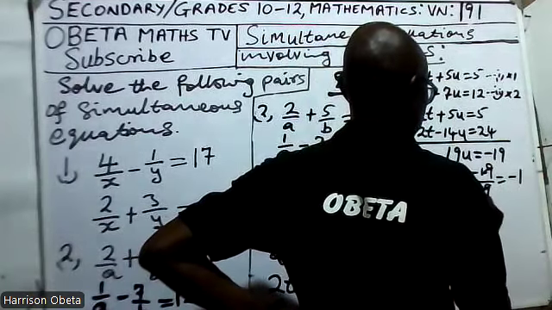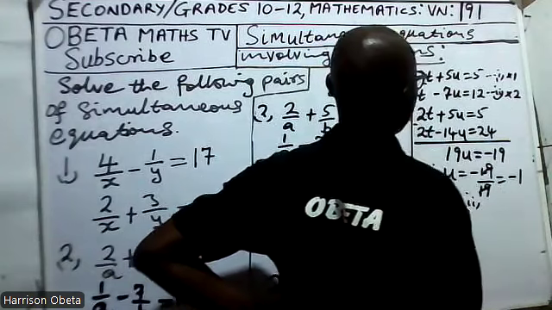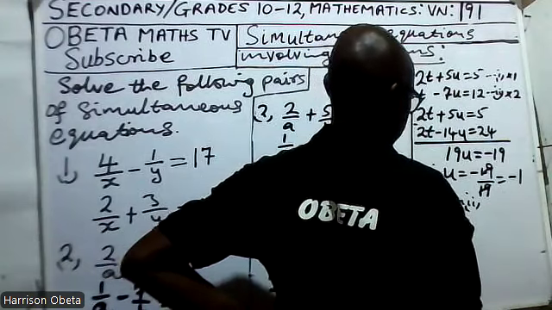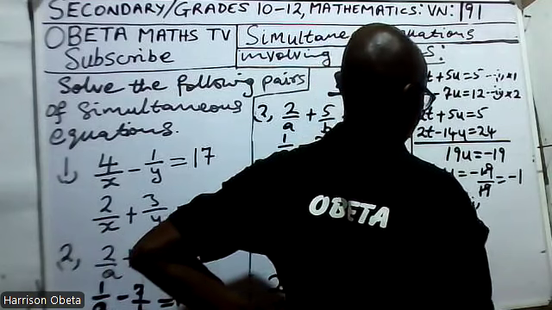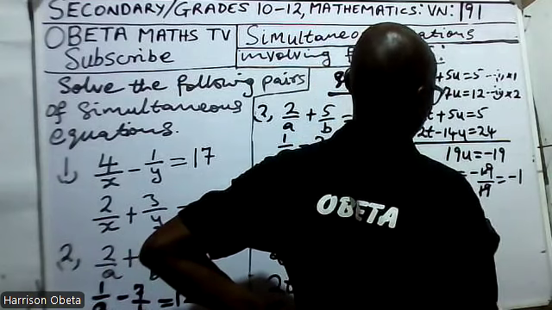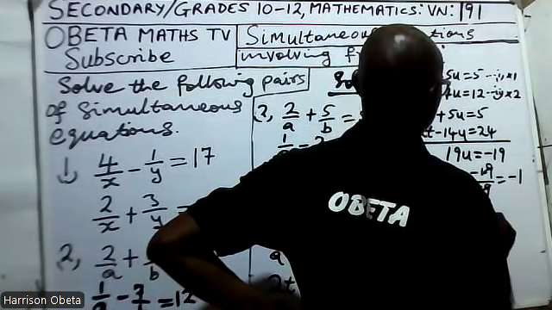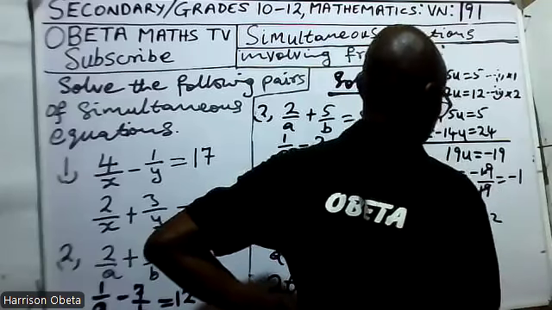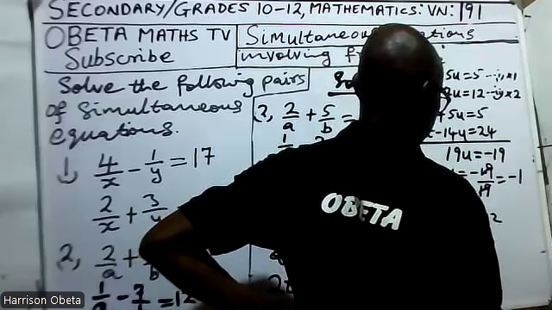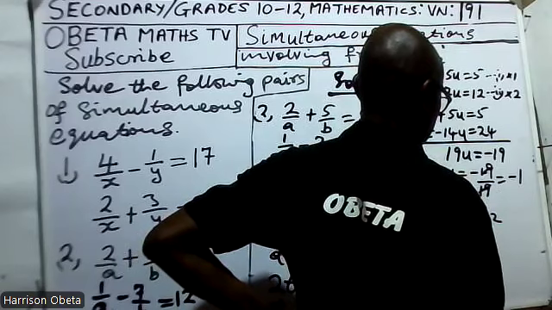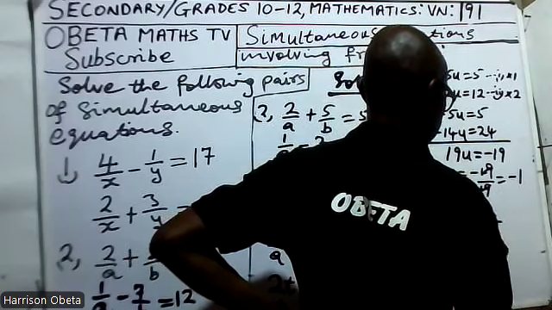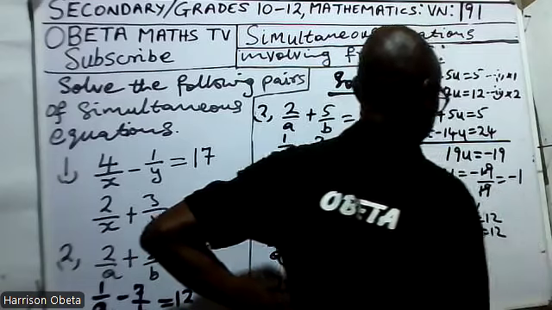From 2, we have t minus 7u is equal to 12. And that means t minus 7 bracket minus 1 is equal to 12.